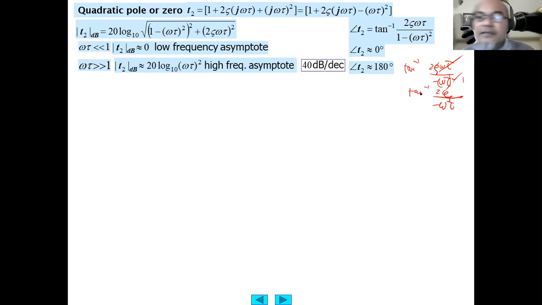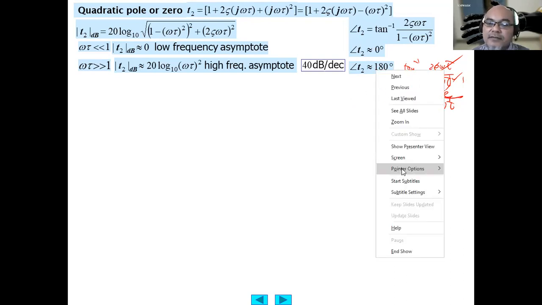When omega tau is very large, this tends to 0, and the arctangent of the negative real part makes the phase angle 180 degrees.